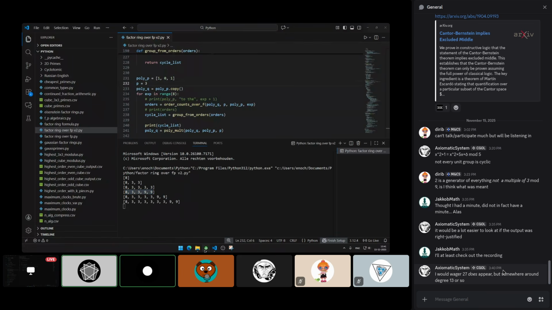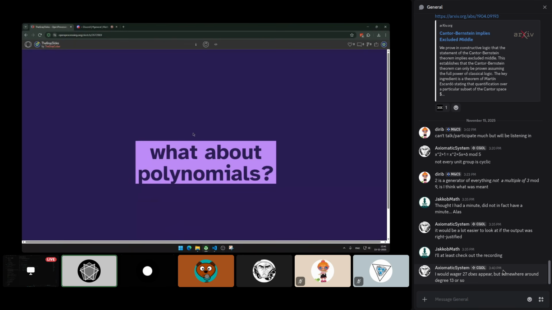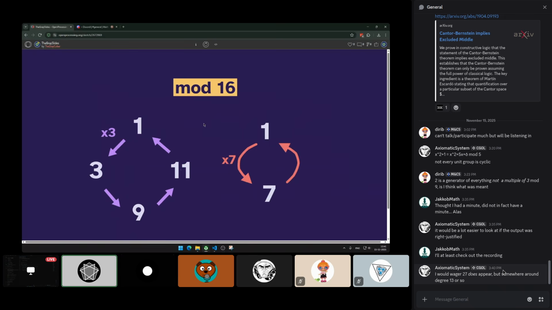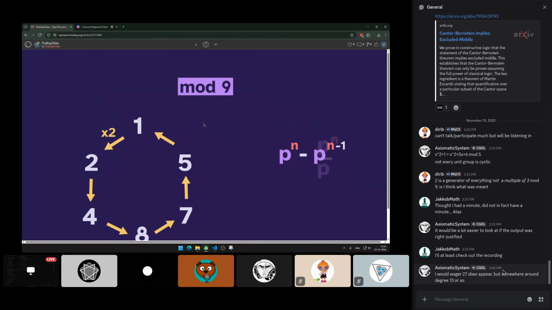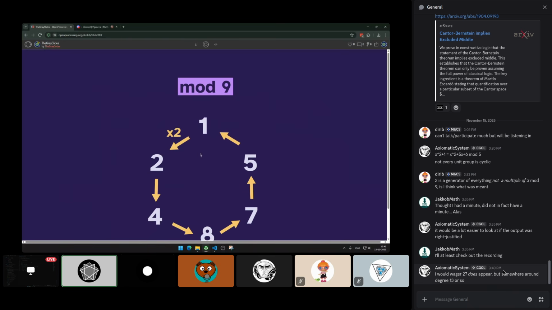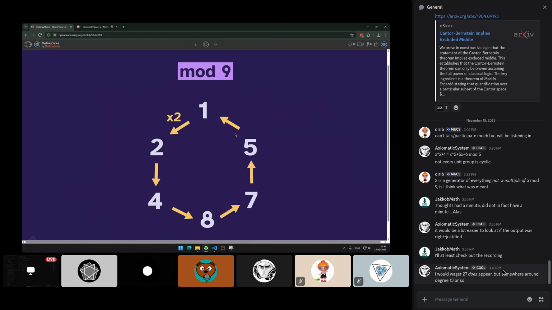Like if we go back to the integer case, we could think about this 6 cycle mod 9. Mod 3 we have a 2 cycle, which is contained here. We can just view it as the 1 and the 8 if we just reduce those mod 3, because we have 1 mod 3 and 2 mod 3.